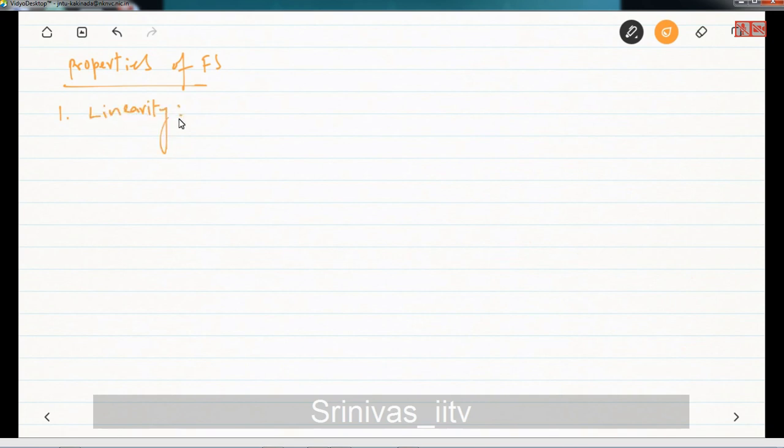Okay, a little bit of a background, just a 1 minute background before. Why do we need to study the properties? You will understand as we go ahead that these properties are easy means of computing Fourier series.